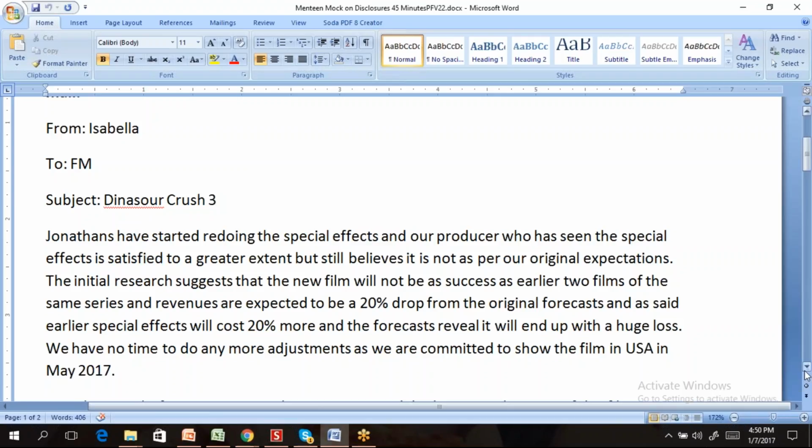So according to this, nothing more can be done. We are surely going to end up with a loss when we launch this film. So for the year ended 31st December 2017, we are already in February, and this film will end up with a loss. And that is going to have an impact on your financial statements.